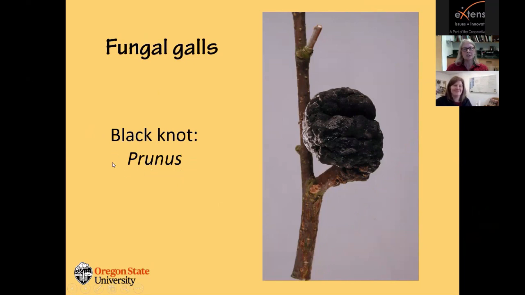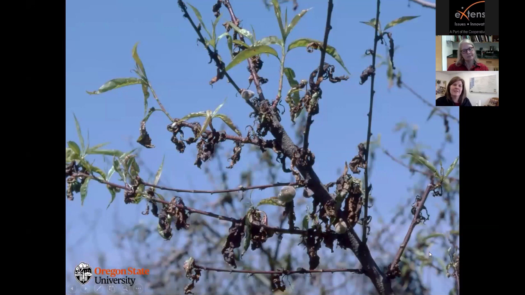Anyway, this occurs primarily on cherries, and choke cherries, and other members of the Prunus genus. It's a fungus, and this white stuff on the surface is the spores that are eventually produced on the surface, and then these are windblown or rain splashed to other twigs where they initiate more galls.